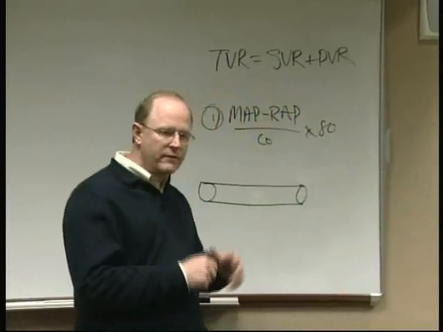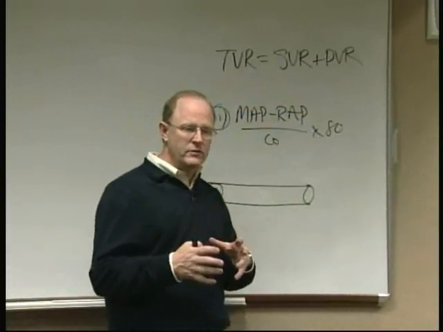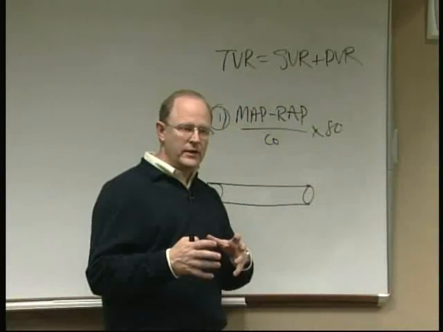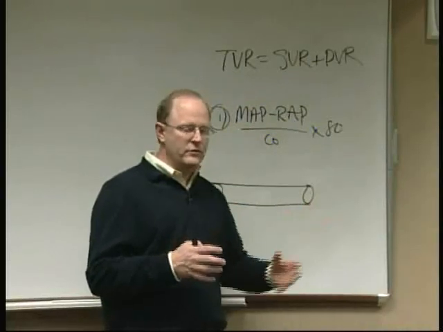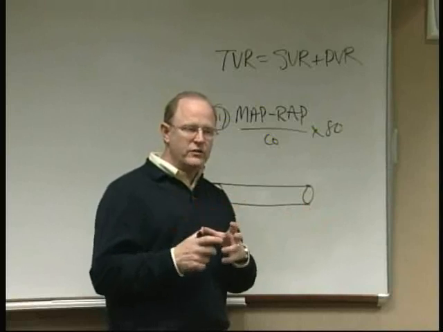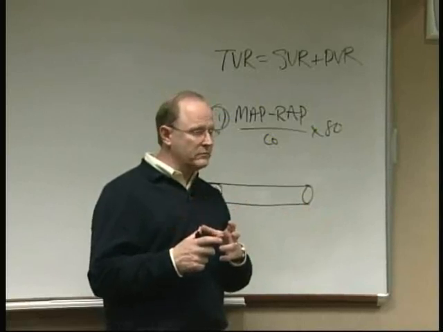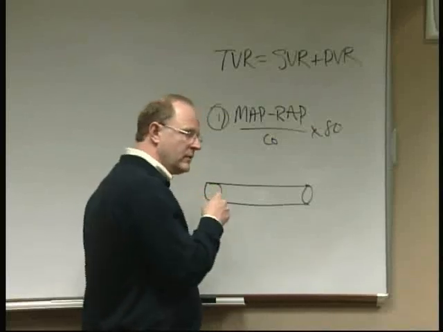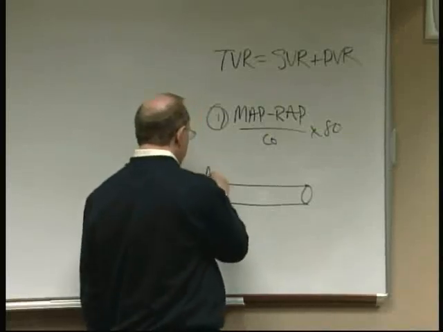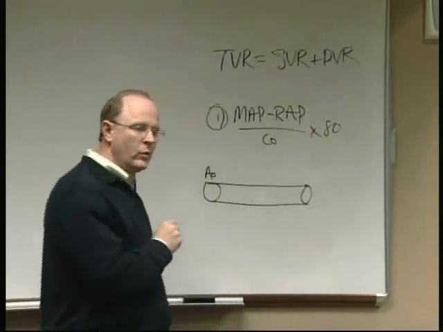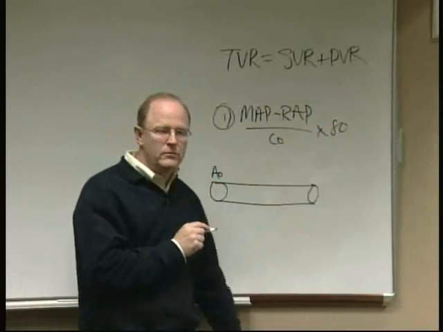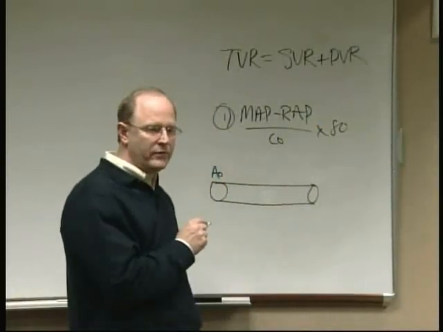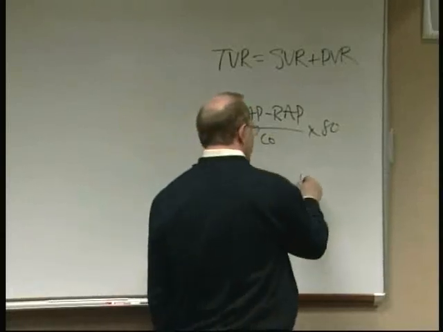So what's the first vascular structure in the systemic vasculature? What's the first vascular structure after the left ventricle? The aorta. Right? What's the last vascular structure before the next pumping chamber, the right ventricle? It's the right atrium.